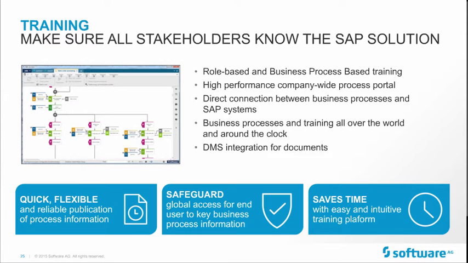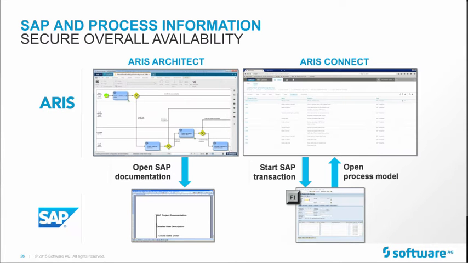If we look at some more details on the way to do that, as said, it's important that you are connecting business process and SAP information, and that's where I would like to mention a way that you have to make sure that process information is always available, and SAP information is also always available there.